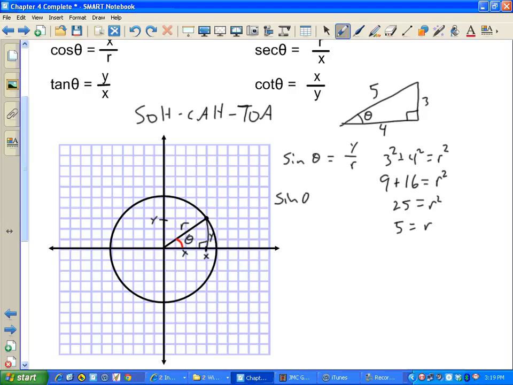So the sine of theta in this case is going to be 3 over the hypotenuse, which is 5, which you could also think of as y over r. The cosine of this angle is going to be adjacent over hypotenuse, which is 4 over 5. Tangent was opposite over adjacent.